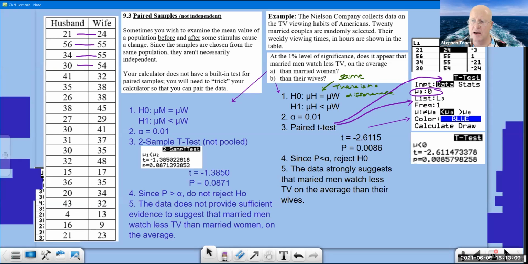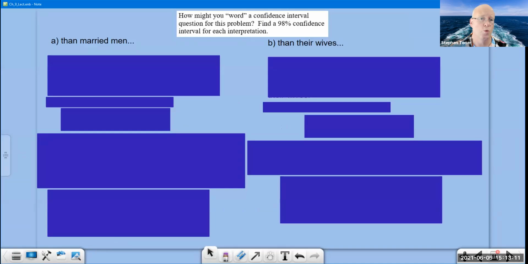Now let's talk about the way we would word the confidence intervals, but I've put a little bit of a twist on this. I've always said, find and interpret this confidence interval, and I've given you the question. I'm asking you, in addition to finding it, how might you word the confidence interval for this question, for each part, and then find a 98% confidence interval for each interpretation.